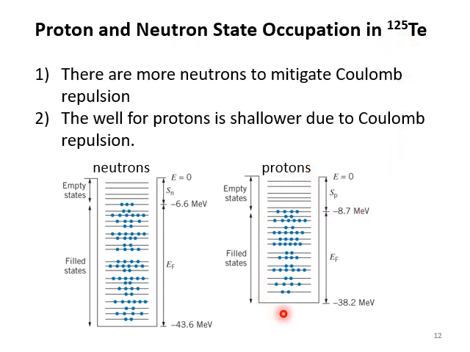Because the protons repel one another. Neutrons and protons are different particles, so each of them form their own set of levels that are filled. And in this particular case, for tellurium-125, we have put in the appropriate number of neutrons and the appropriate number of protons. And the Fermi level for neutrons is not very different in energy from the Fermi level for protons.